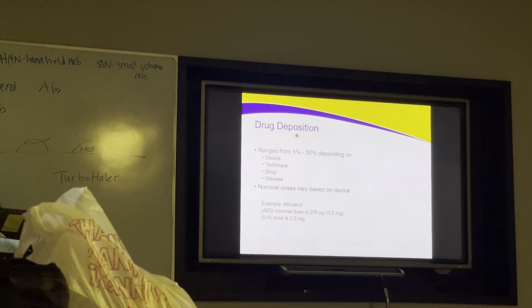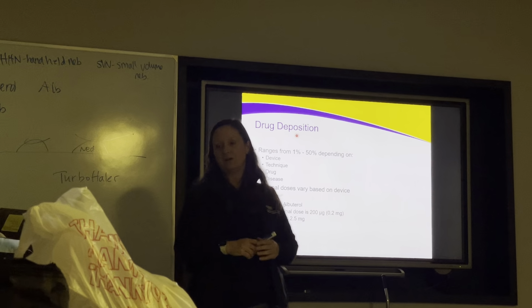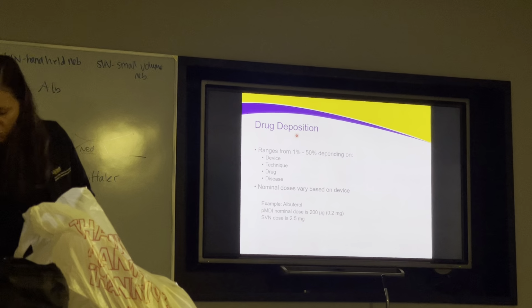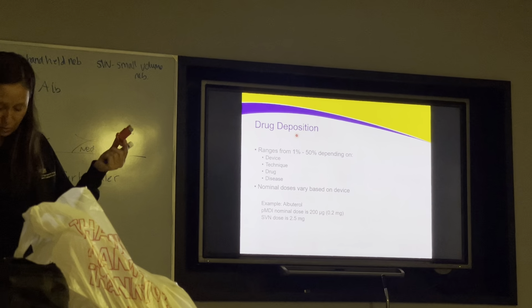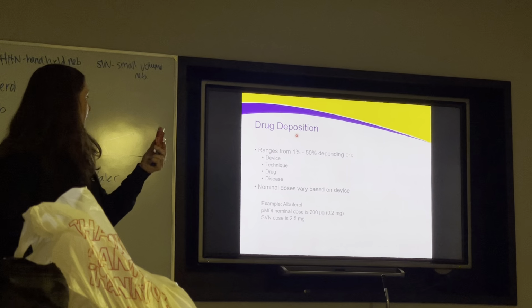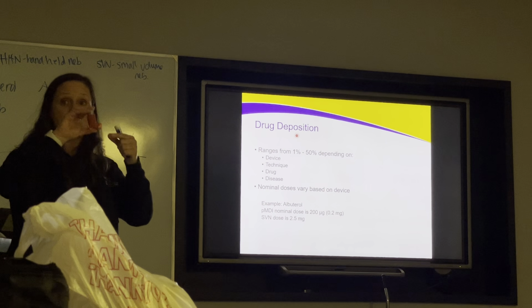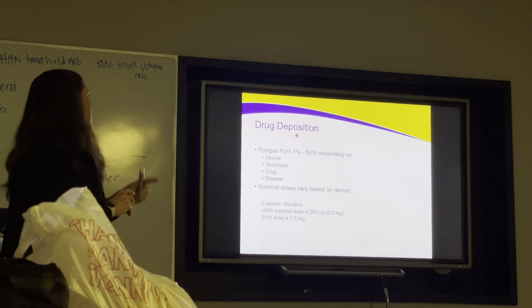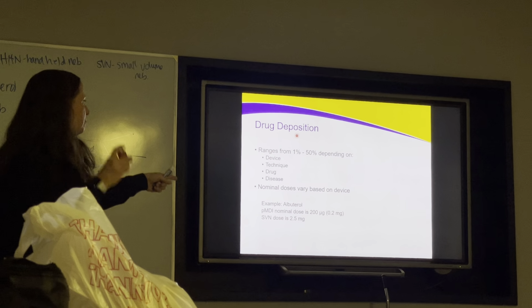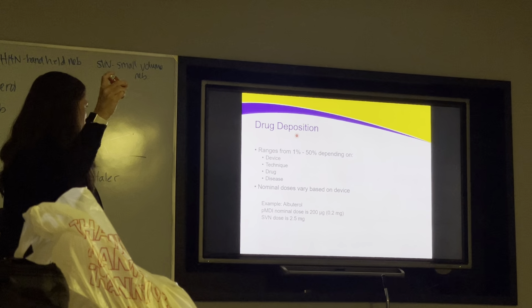All right, nominal doses, meaning like what's the base dose that I deliver, really varies by the device. So, example is albuterol. If I use an inhaler for albuterol, which looks like this, but it's typically red or blue. Okay, albuterol, one dose, one puff is worth 200 micrograms, okay?